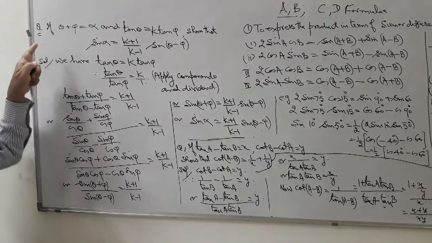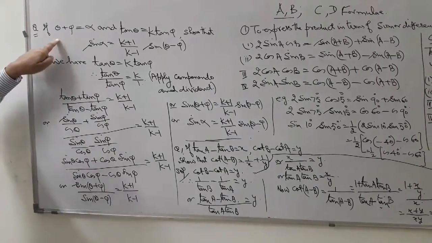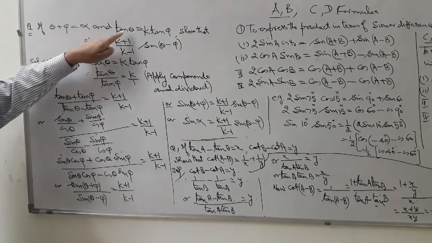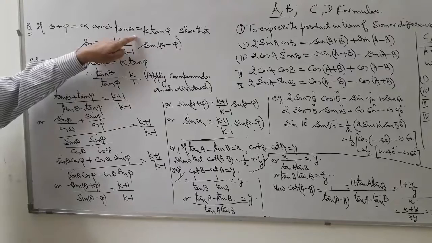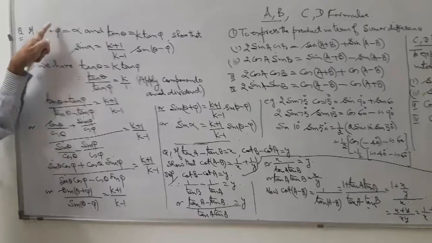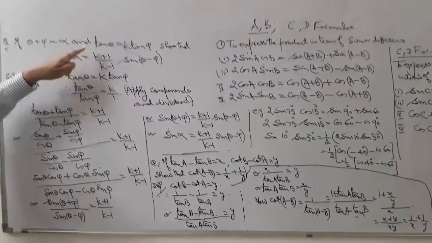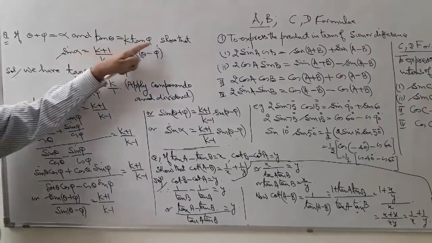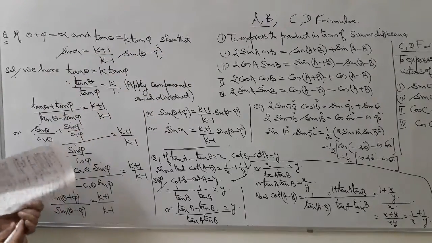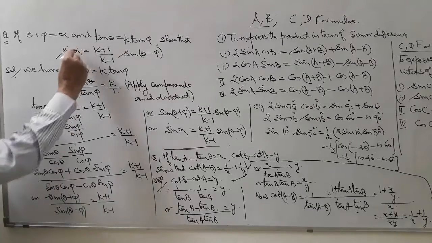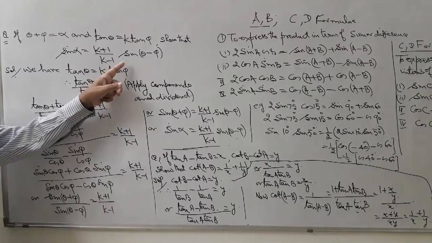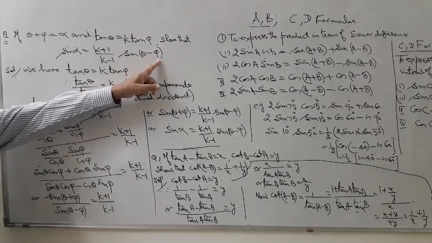The first is, you please note down: if theta plus phi is alpha and tan theta is k tan phi, show that tan alpha is equal to k plus 1 over k minus 1 sine theta minus phi.